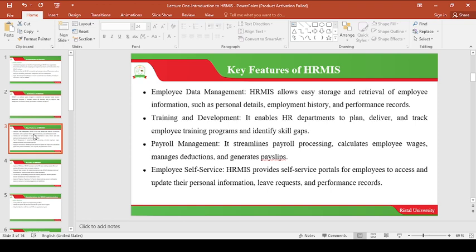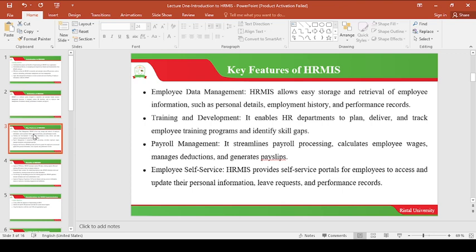Let us look at the key features or characteristics of human resource management information system. One is the employee data management. So employee data can be the academic document, it can be the recruitment document, it can be any other information related to the employee.